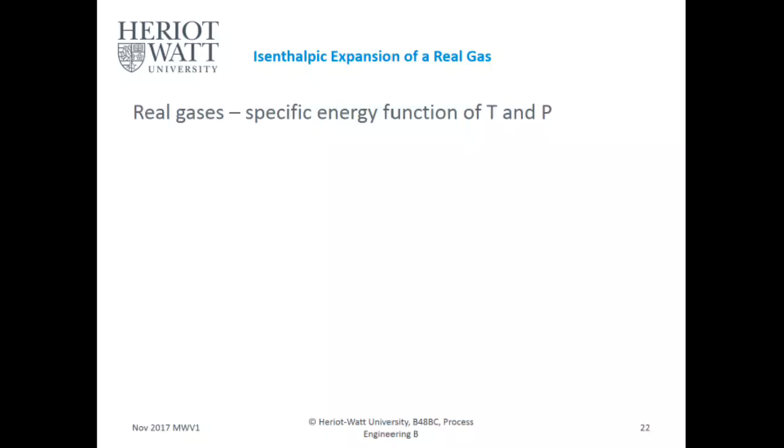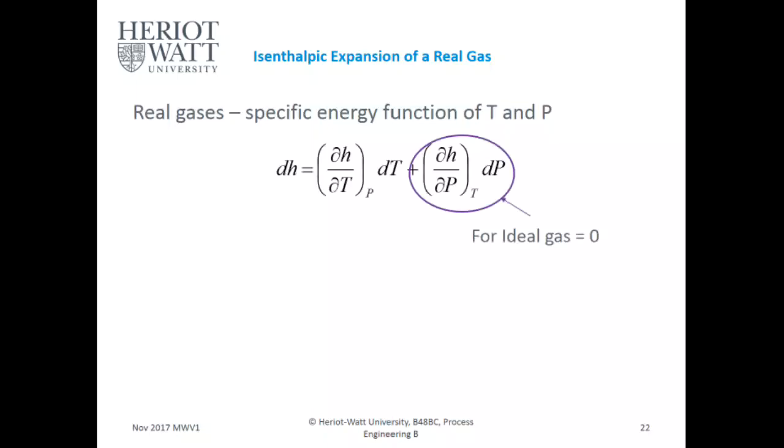For real gases, the specific enthalpy is a function of temperature and pressure. It's no longer a function of temperature only. So we know the change in enthalpy equals the change in enthalpy over change in temperature at constant pressure, and the change in enthalpy over change in pressure at constant temperature, with respect to pressure.